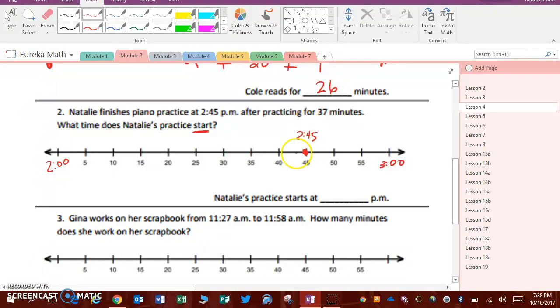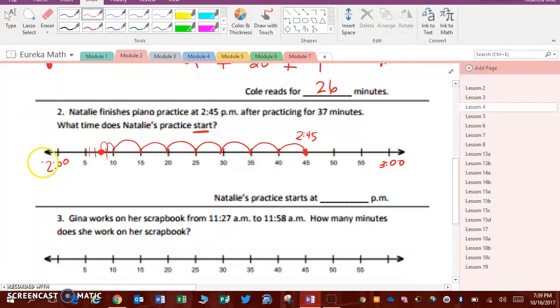So I'm going to skip count by 5s. 5, 10, 15, 20, 25, 30, 35. But if I go one more, that's 40. That's too far. So I've got to draw my 4 tick marks in here. And now I can count on from 35 to 36, 37. So this is when she started.